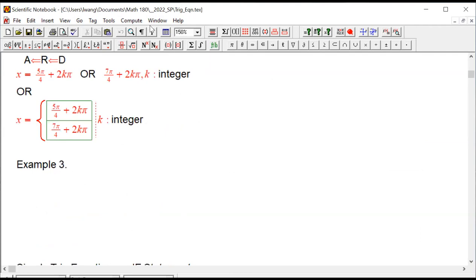It says solve for x, where we have 5 times sine x minus 1 equals 0.